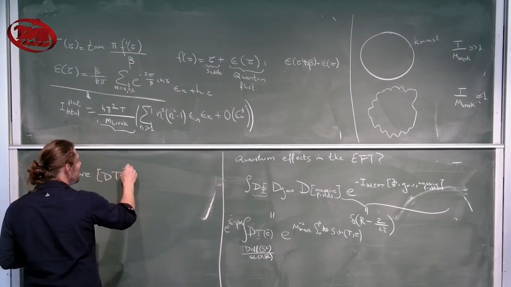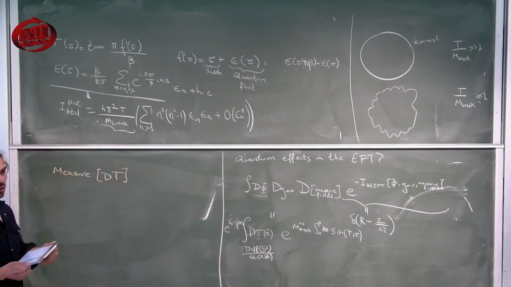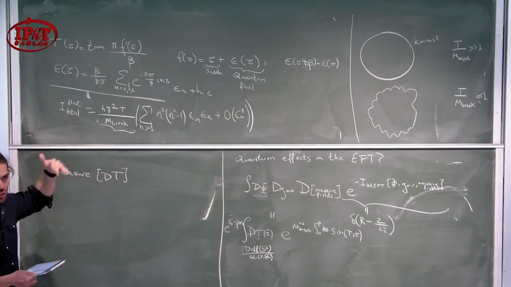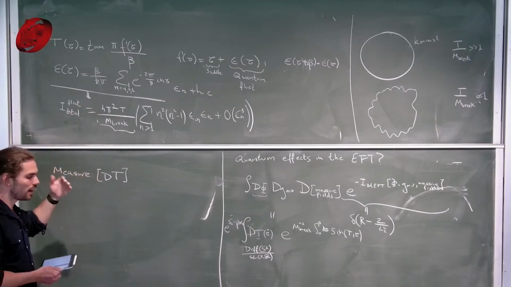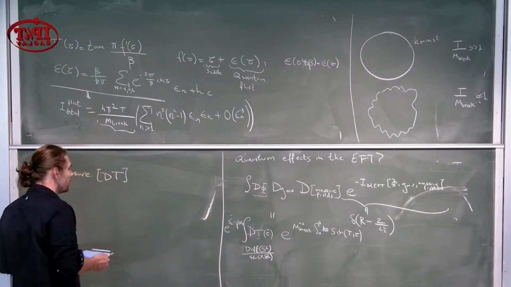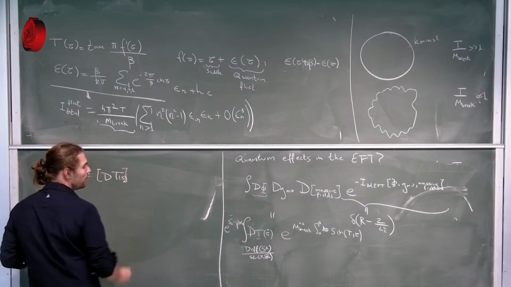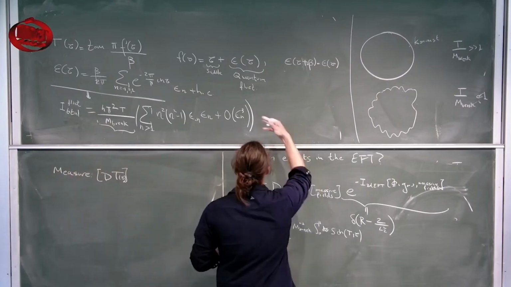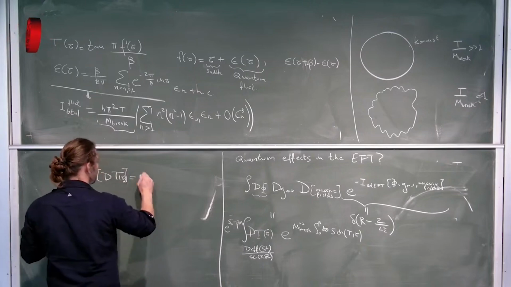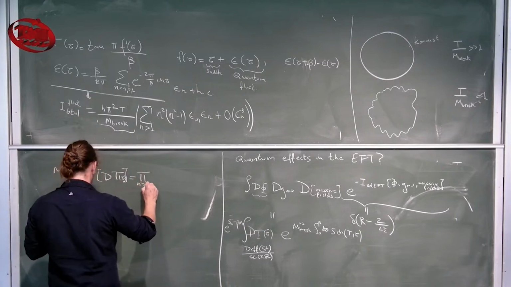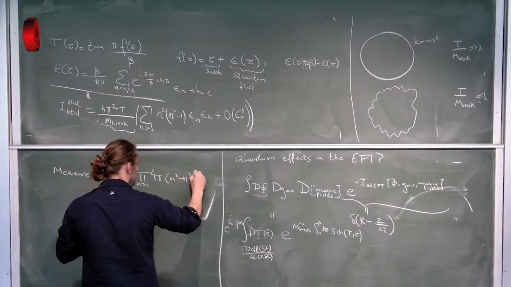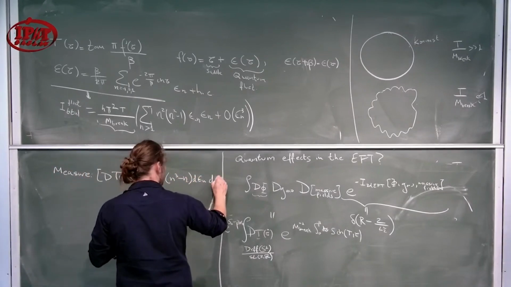The measure for dt comes from the path integral measure for the metric in higher dimensions, which in turn can be assumed to come from an ultra-local form for that measure. And in terms of the variable t of tau, when you expand things in these modes epsilon, what this measure ends up evaluating to is a product from n bigger than 1 of 4 pi (n cubed minus n) d epsilon n d epsilon minus n.